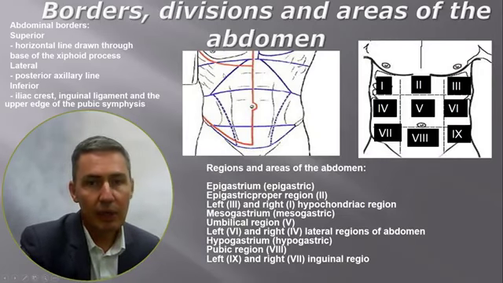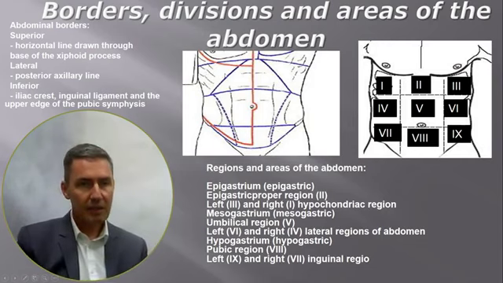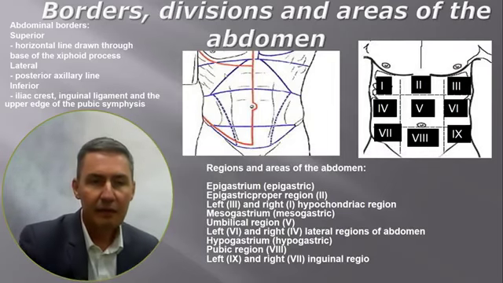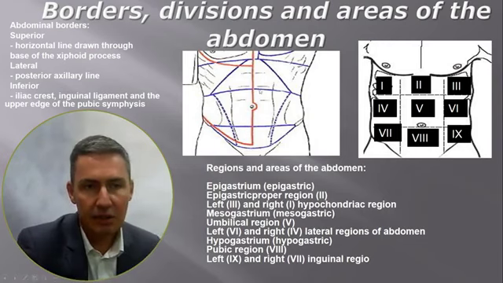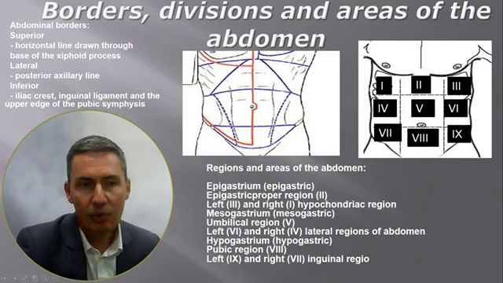Then we also have to remember the lines used for description of topographical regions of the abdomen. The first line, which passes horizontally through the lowest parts of the costal arcs, is known as the bicostal line. And one more line is the line connecting the anterior superior iliac spines, also passing horizontally.